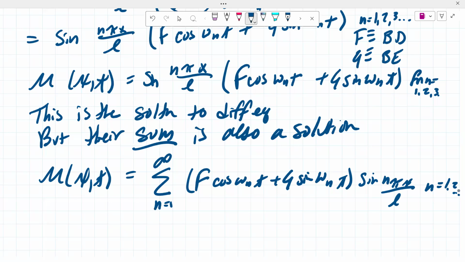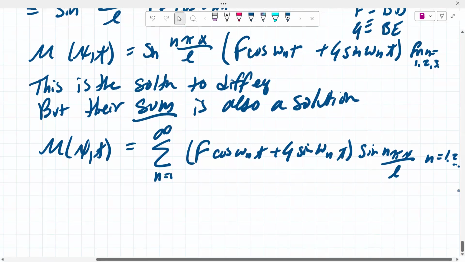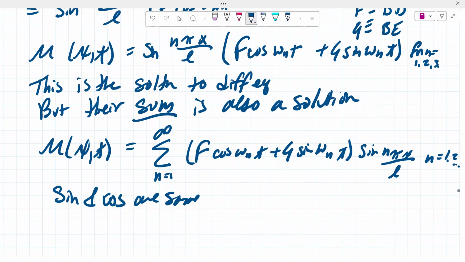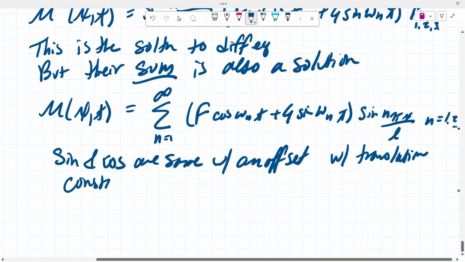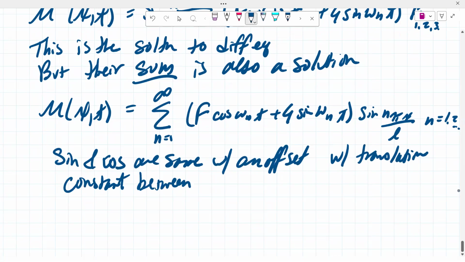Now consider that sine and cosine are actually the same function with an offset. So in fact, sine and cosine could be written in relation to each other, and we would have some kind of translation constant between them, which we might define.